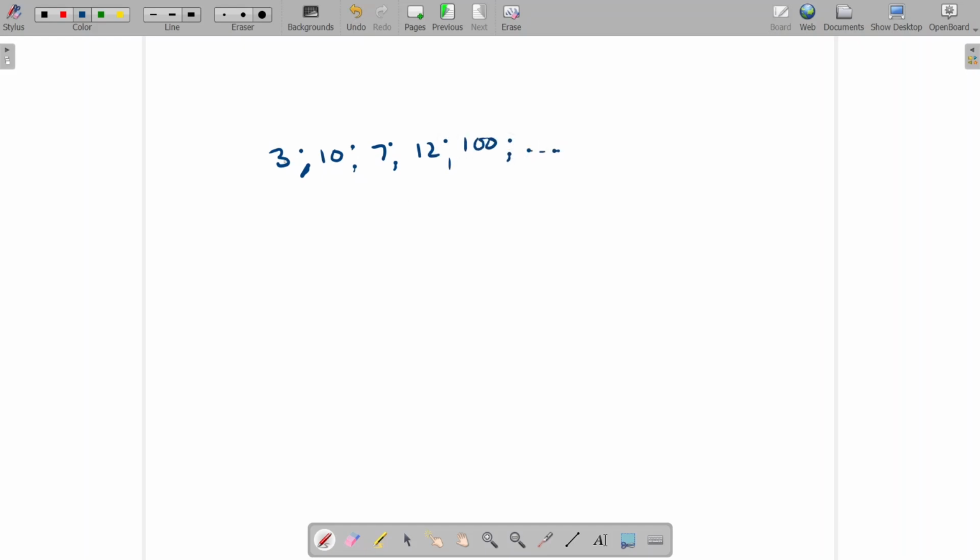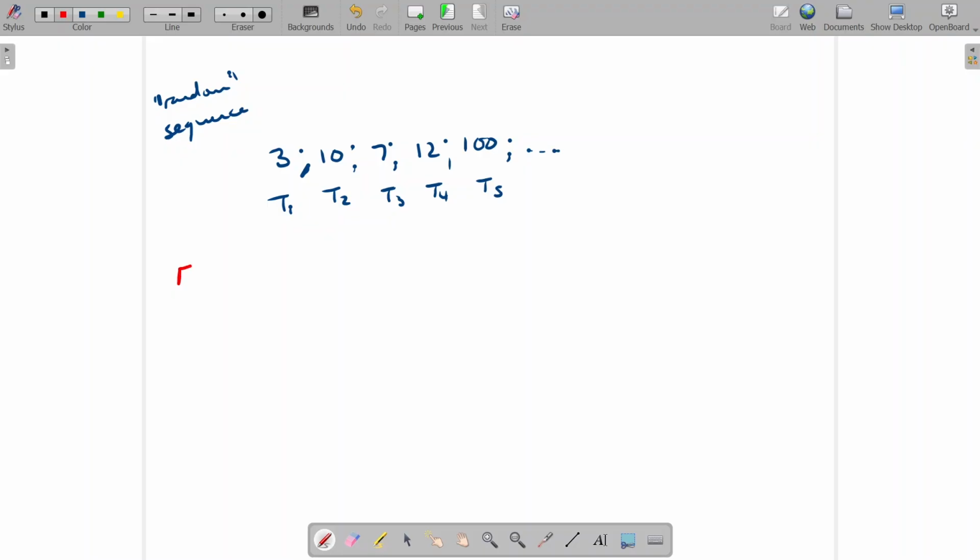Here we have a sequence, and ostensibly it looks fairly random. T1 is 3, T2 is 10, T3 is 7, T4 is 12, and T5 is 100.